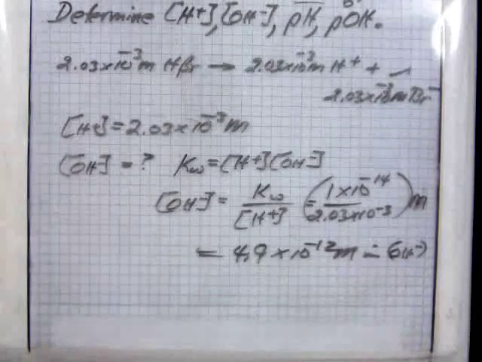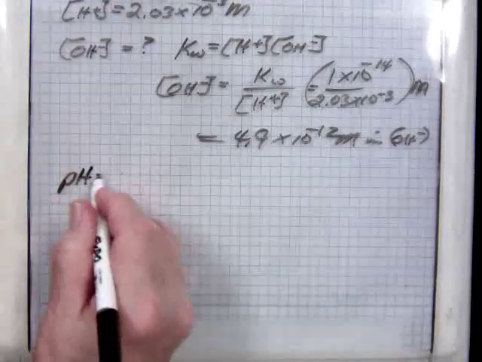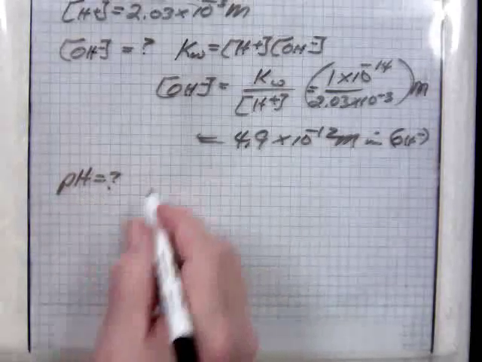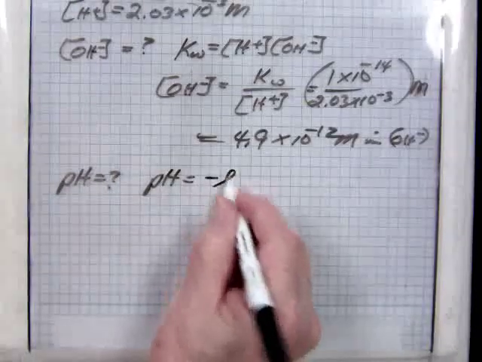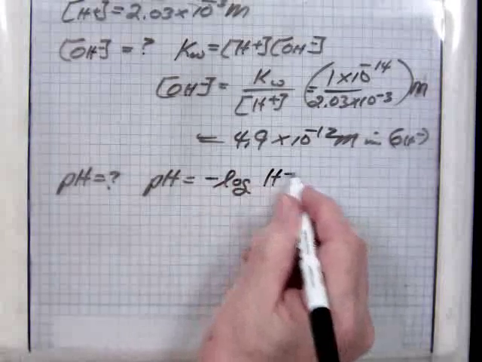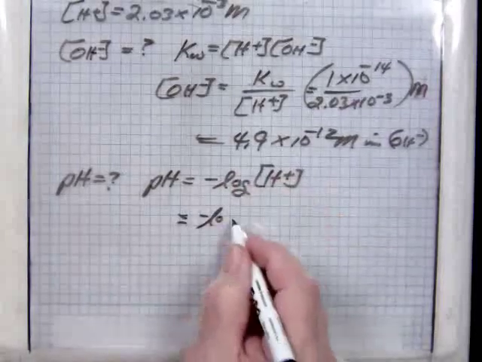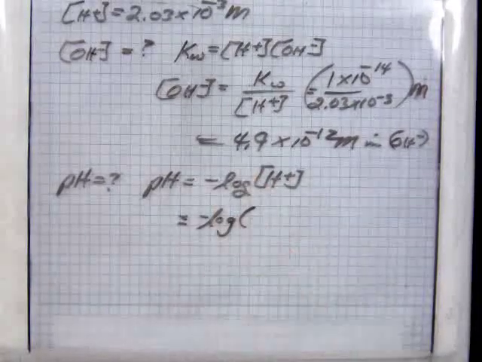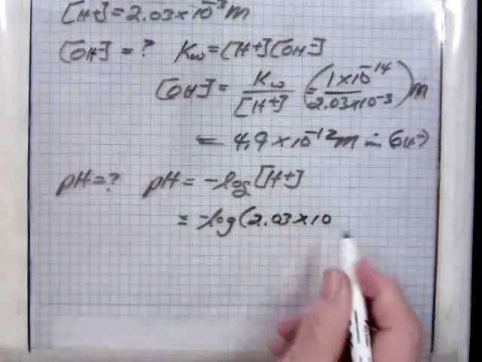So the next issue is, what is the pH and pOH of the system? We'll do the pH first. So the pH, of course, is minus log of the hydronium ion concentration, which is simply minus log of, what did we come up with, 2.03 times 10 to the minus 3.